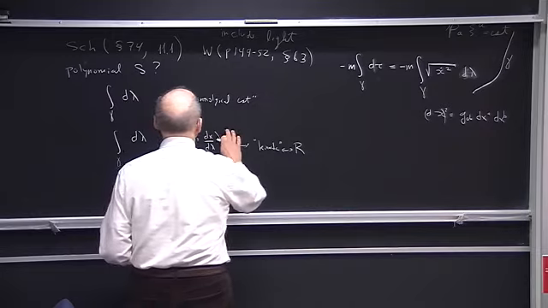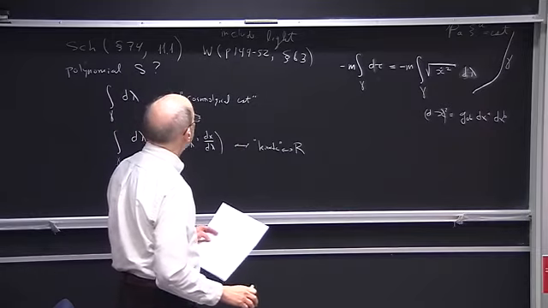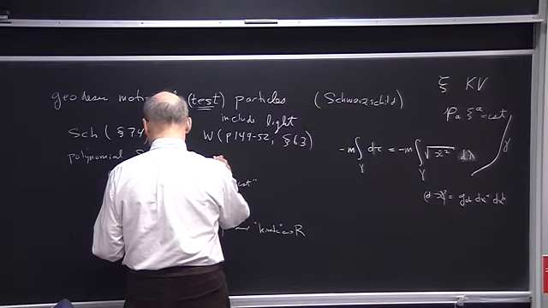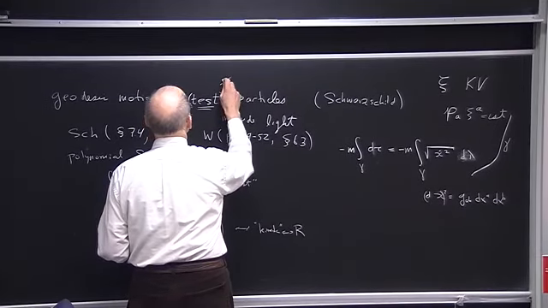Of course, when I say these are the only things we can write down, I'm treating this test particle not only as a test particle, but also as a point particle.